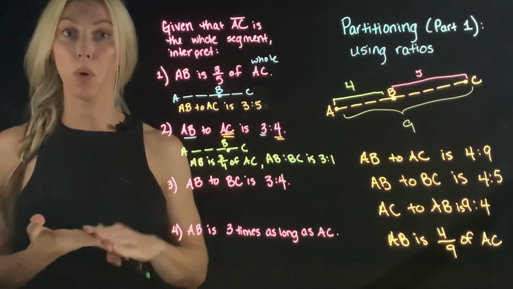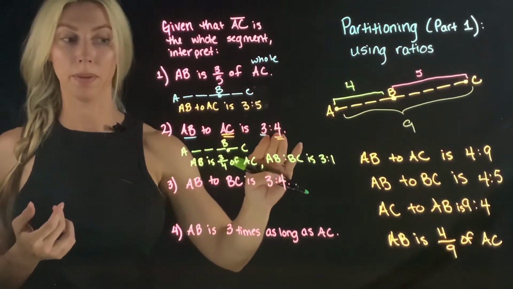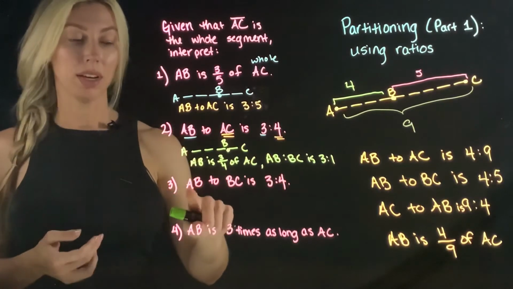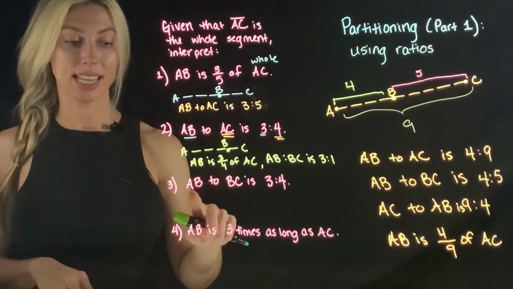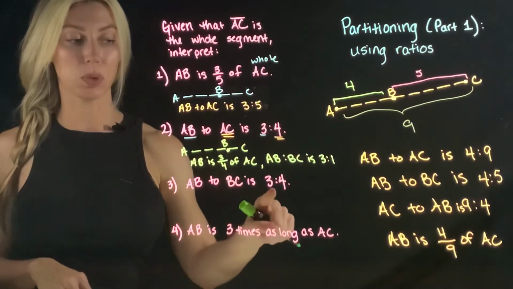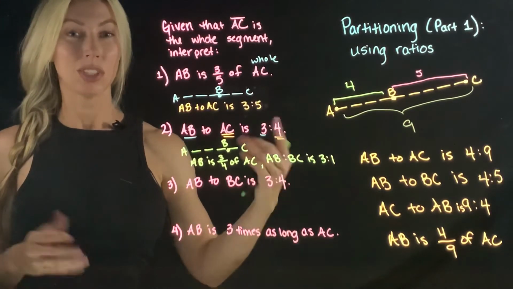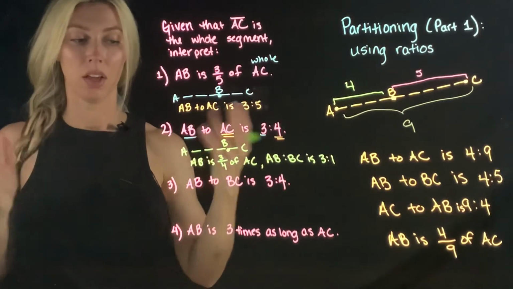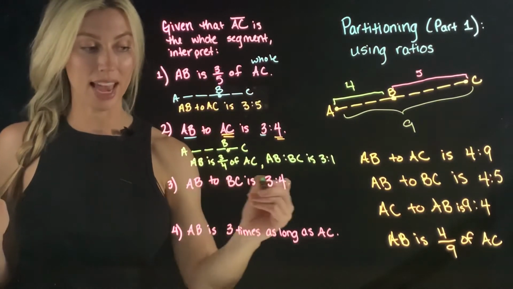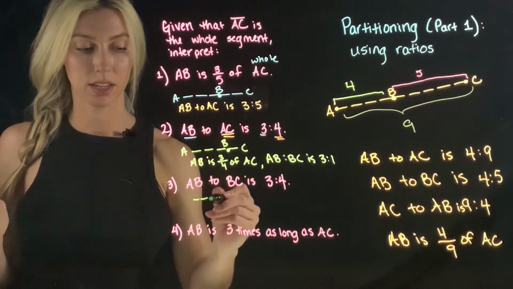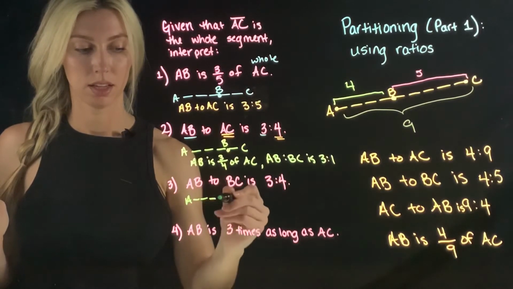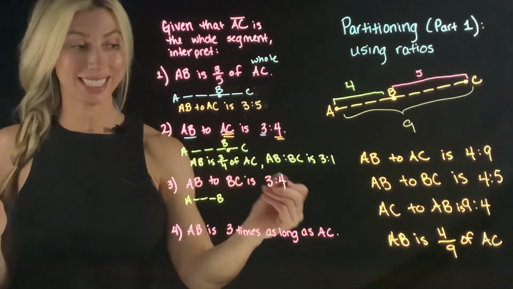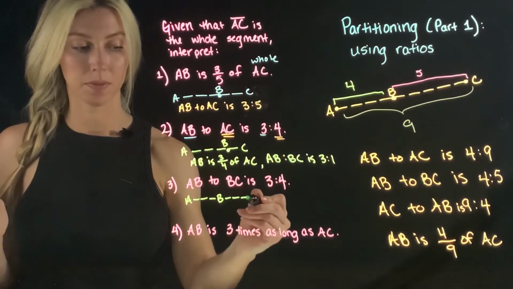Like I said, the most important one is the part to whole. In this one, I didn't give you the whole thing. I said AB to BC is 3-to-4. So if that's the case, and we know that the whole thing is from A to C, well, if you were to draw this out, AB gets 3 sections, and from B to C gets 4 sections.